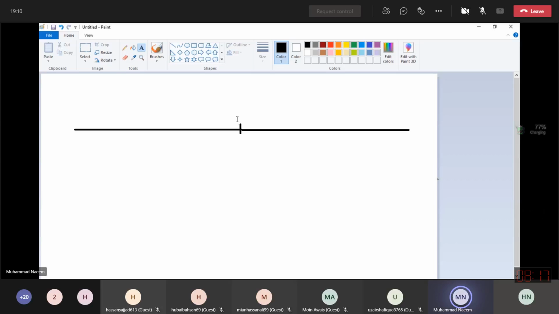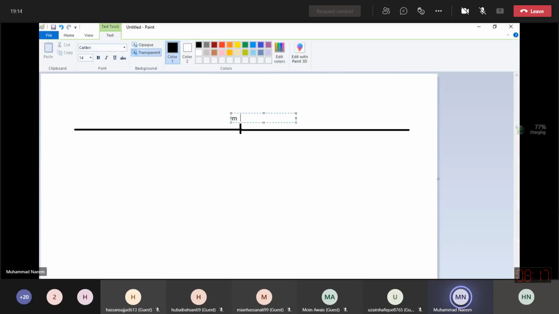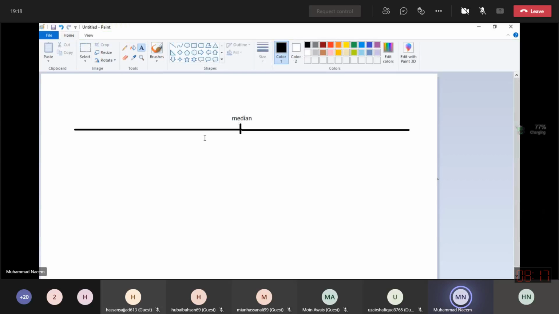Okay, let's say the median. If we need to divide our data into 4 equal parts, the purpose for doing this is only when the data has a larger range.